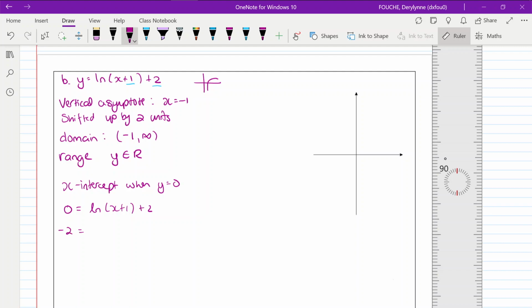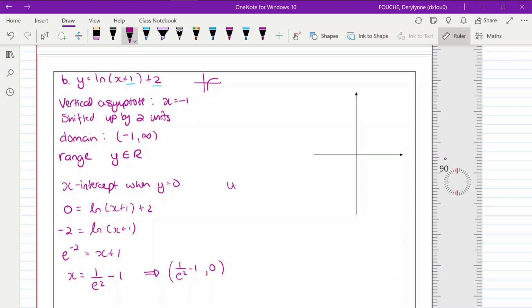So -2 is ln of x plus 1. E to the -2 is x plus 1. And so x will be equal to 1 over e squared take 1. Okay, so my x-intercept happens to be at 1 over e squared take 1 and 0.